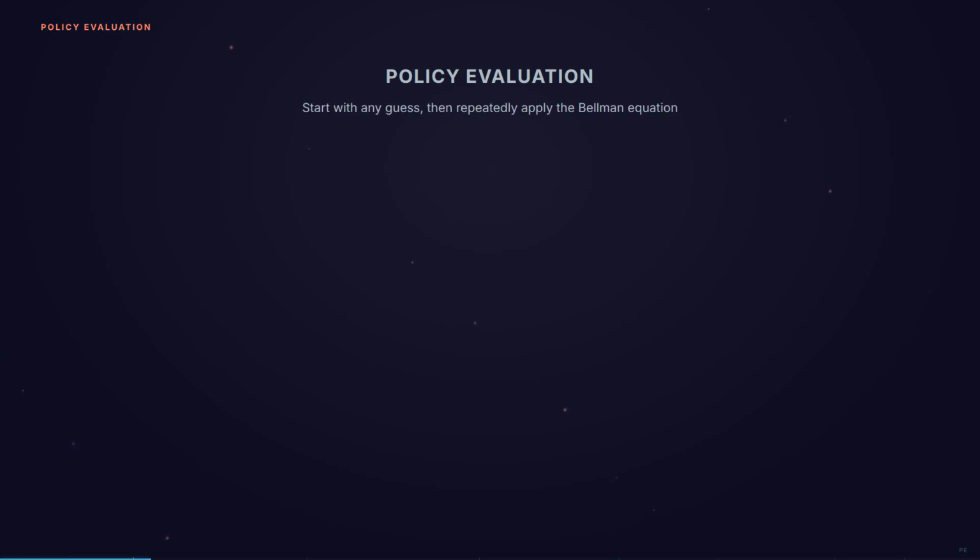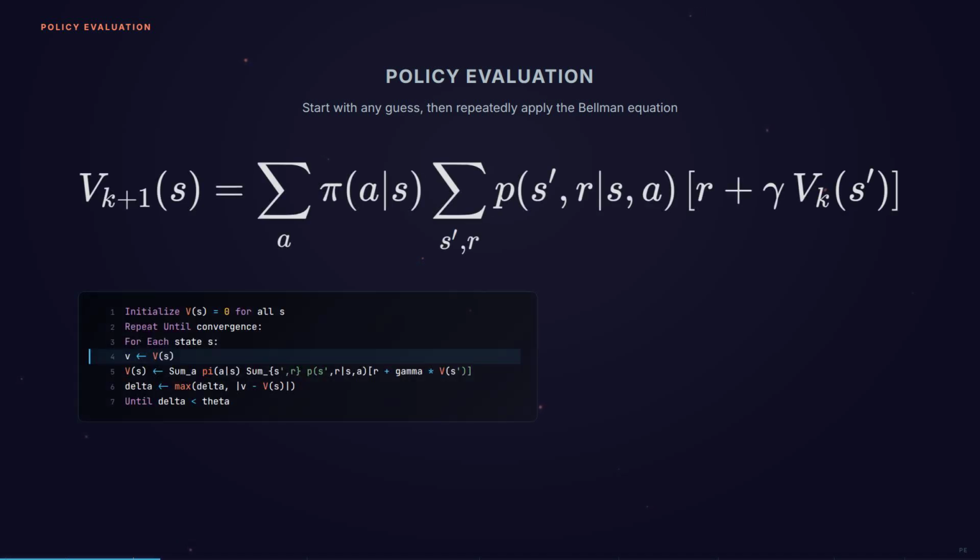Start with any initial guess, say all zeros, and repeatedly apply the Bellman equation as an update rule. V_k+1 of S equals the sum over actions of pi of a given S times the sum over next states and rewards of the transition probability times the reward plus gamma times V_k of S prime.